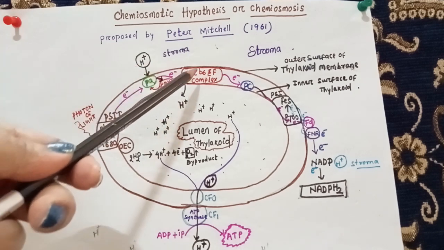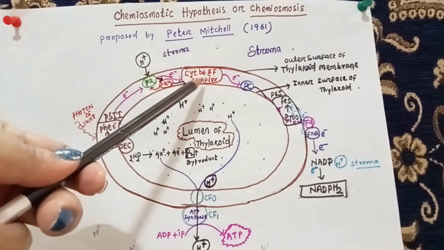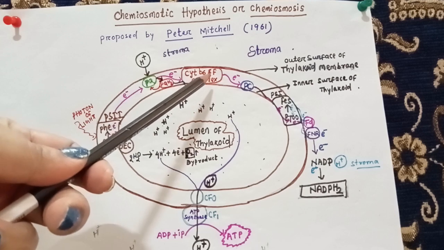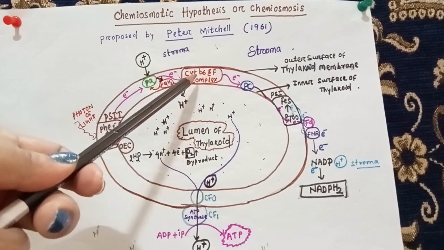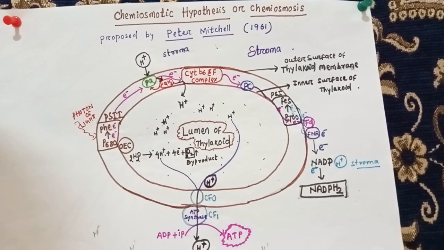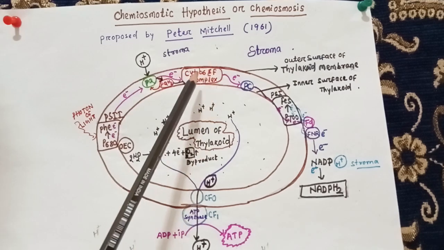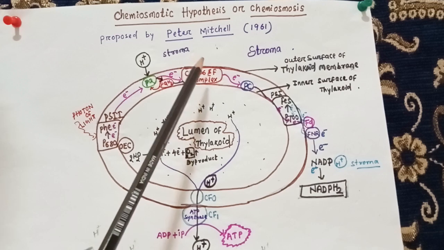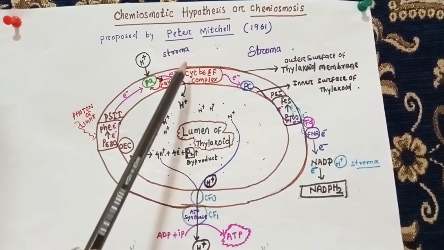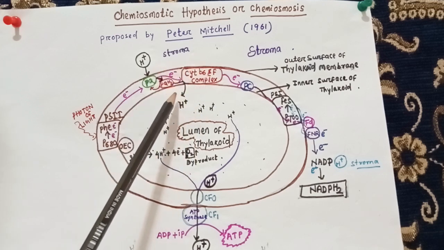This electron is accepted by another electron carrier present in the thylakoid membrane, that is named the cytochrome b6f complex. As the cytochrome b6f complex is an electron carrier, it cannot accept protons.